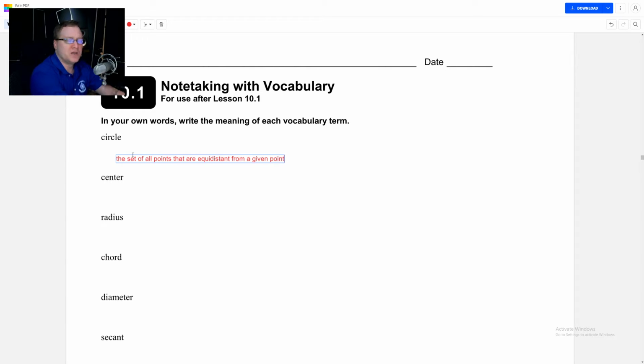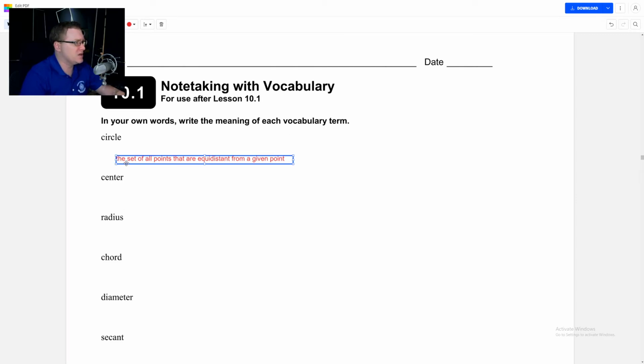All right. So all of the points that are equidistant. Now remember, equidistant means equal distance. All right. So all of the points that are the same distance from another point, that is called a circle. All right. So we'll talk about that more in just a moment.